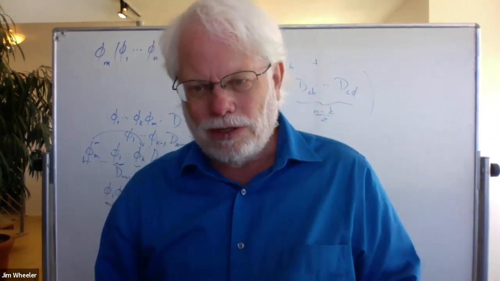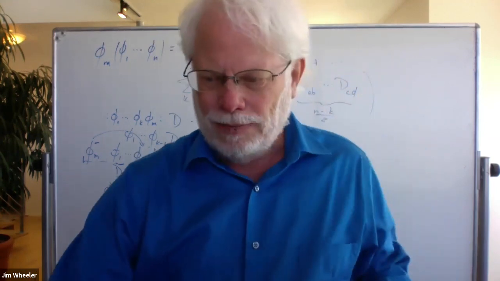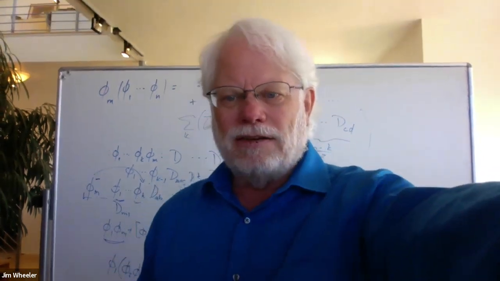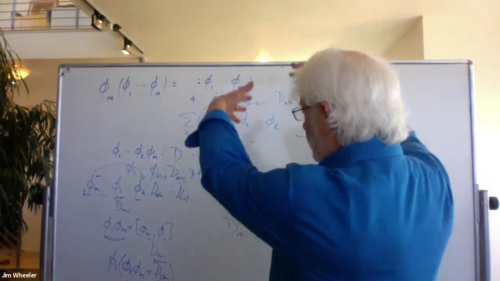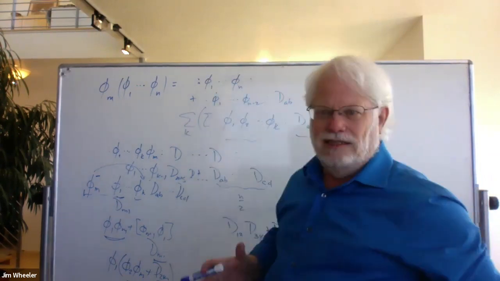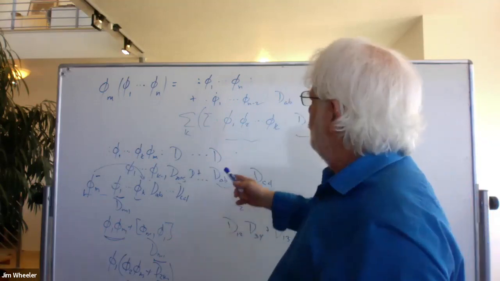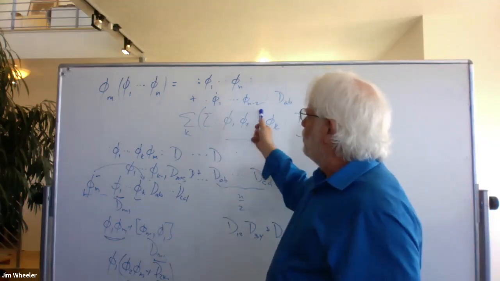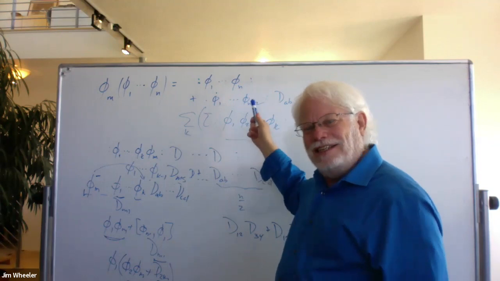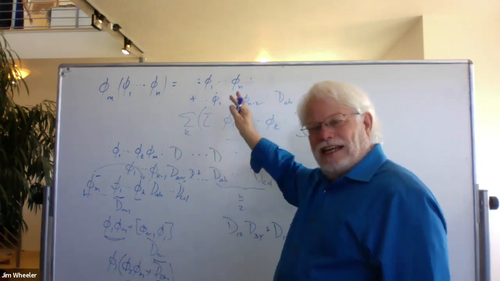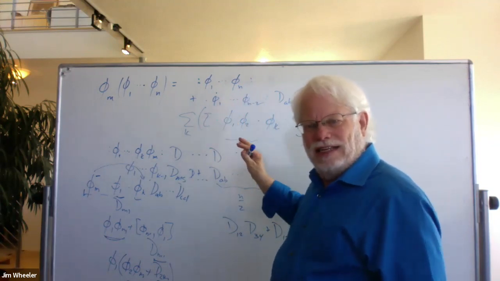So the importance of this for us is that we're going to be taking vacuum expectation values of this whole thing. Except the vacuum expectation value of any normal ordered set of fields is 0. It's got annihilation operators over on the right.